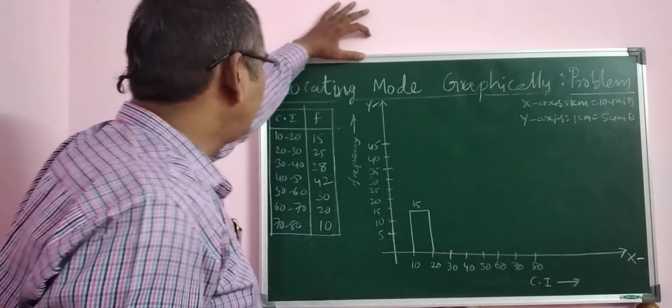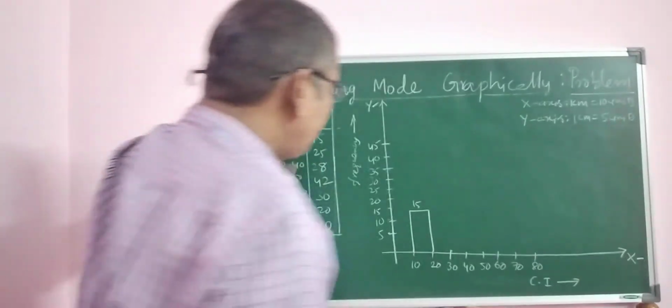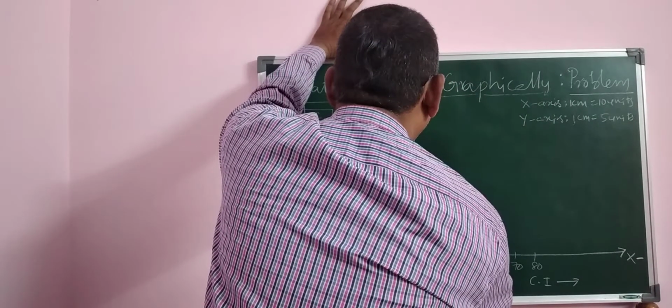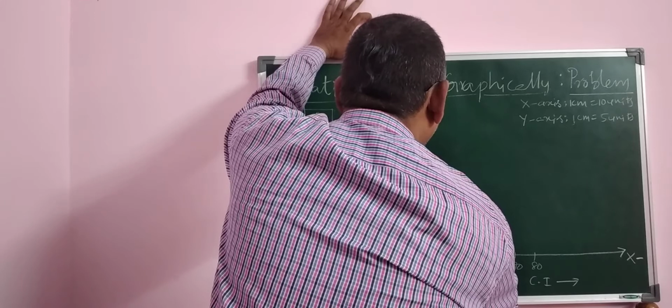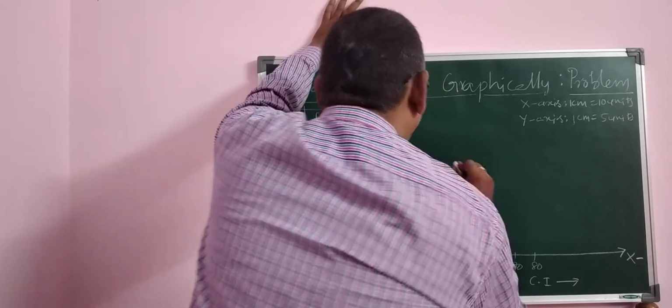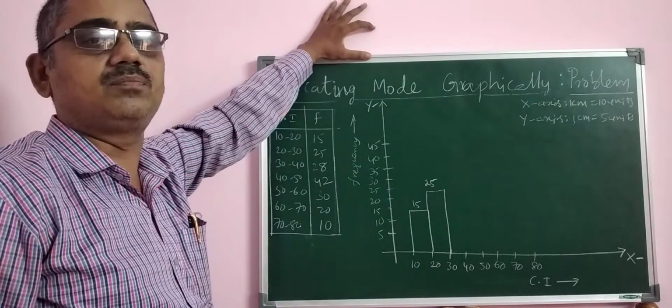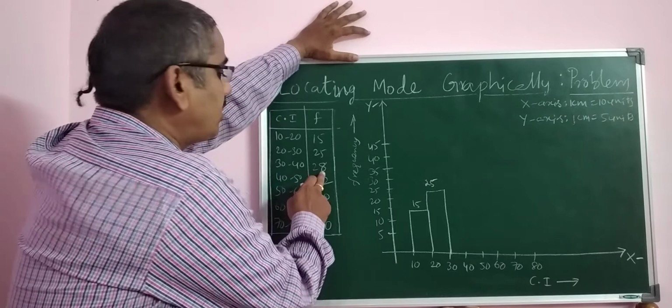And then 25 corresponds to the class interval 20 to 30, and you draw 25 here, an adjacent bar. Remember, constructing adjacent bars is nothing but a histogram, right? And for 30 to 40 it is 28.